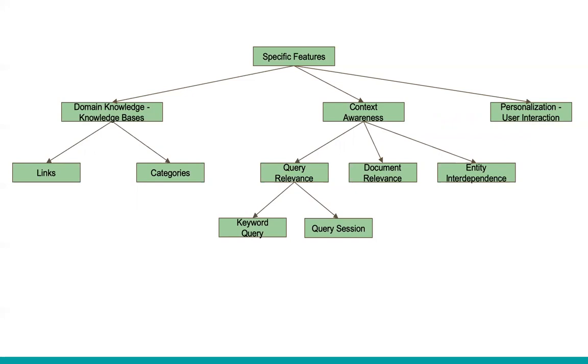And then personalization. So these are very application specific or domain specific features that you come across in entity summarization. This brings us to the end of the discussion on these different types and kinds of features.